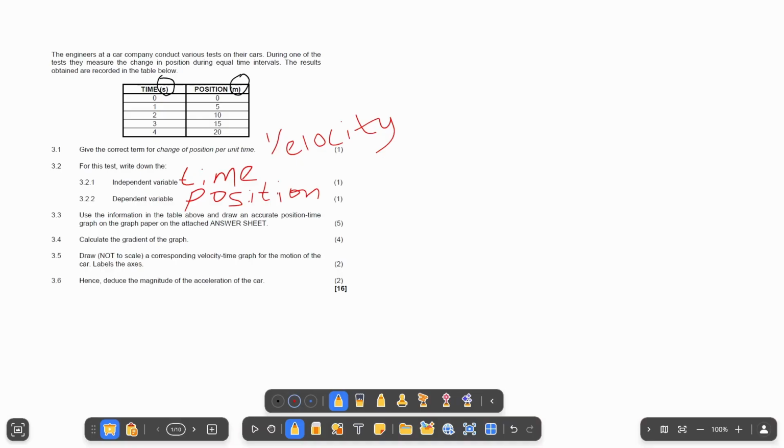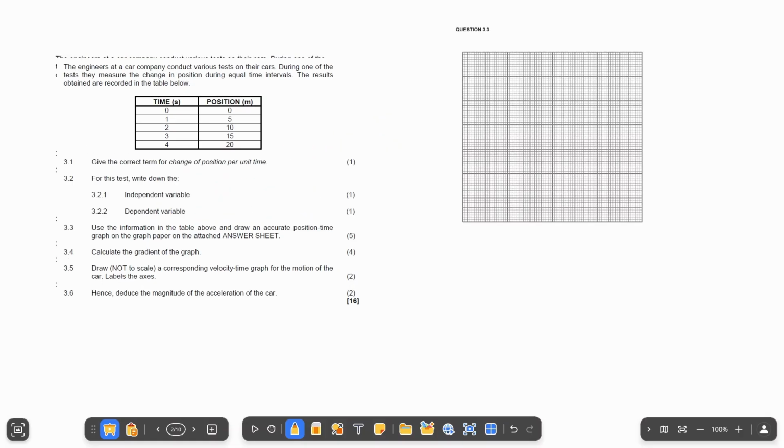Now, number 3.3, use the information in this table and draw an accurate position time graph on the graph paper. So this question paper has a graph paper. Let's look for that graph paper at the end of the question paper, and then we use it to draw this graph. Right, here is the graph paper.